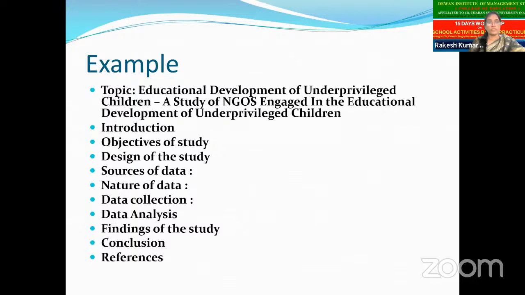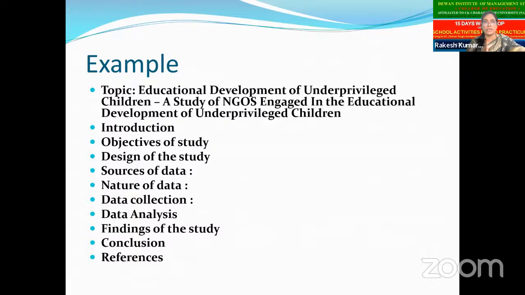The topic of this study is educational development of underprivileged children, a study of NGOs engaged in the educational development of underprivileged children. So to study these educational NGOs, first you have to identify NGOs in your area, in your locality, and you can visit there.